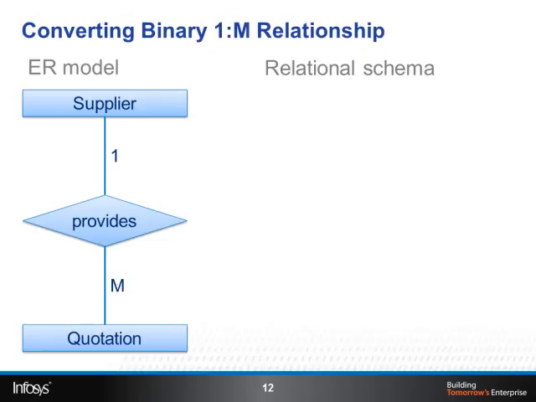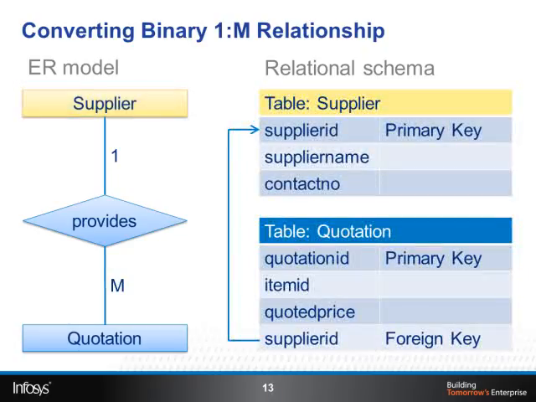The entity supplier is related to the entity quotation via a 1:m relationship provides. Based on strong entity conversion, the entity supplier is modeled to a table with columns supplier ID, supplier name, and contact number in the relational model.